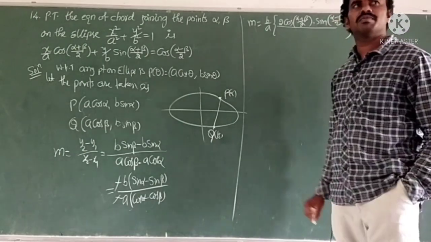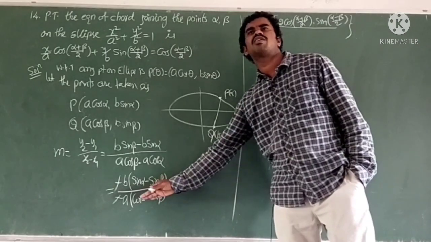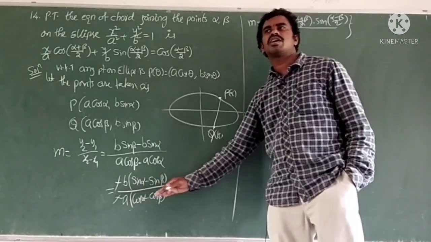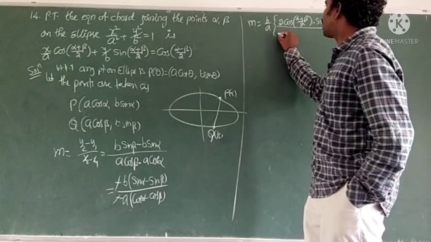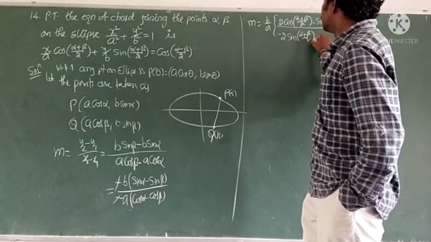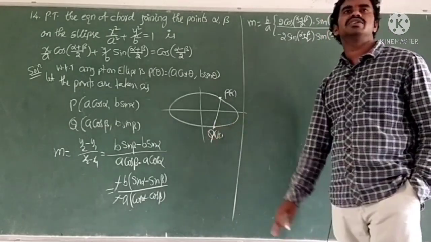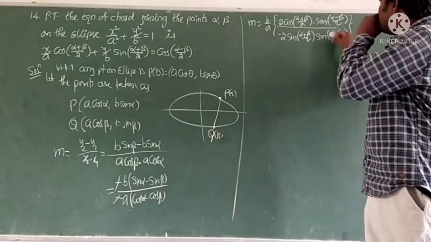Do you remember the formulas? Next, similarly, what is the cos c plus cos d formula? What is the cos c minus cos d formula? Cos c minus cos d is minus 2 sin alpha plus beta by 2 sin alpha minus beta by 2. Okay, 2 trigonometric formulas I used here.